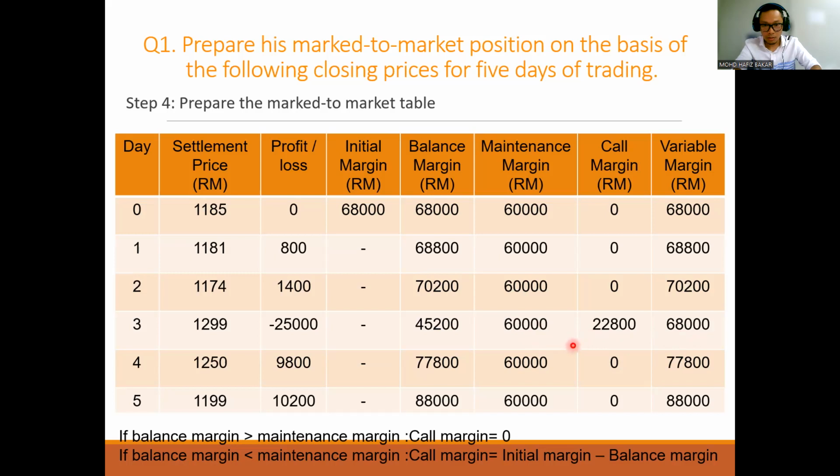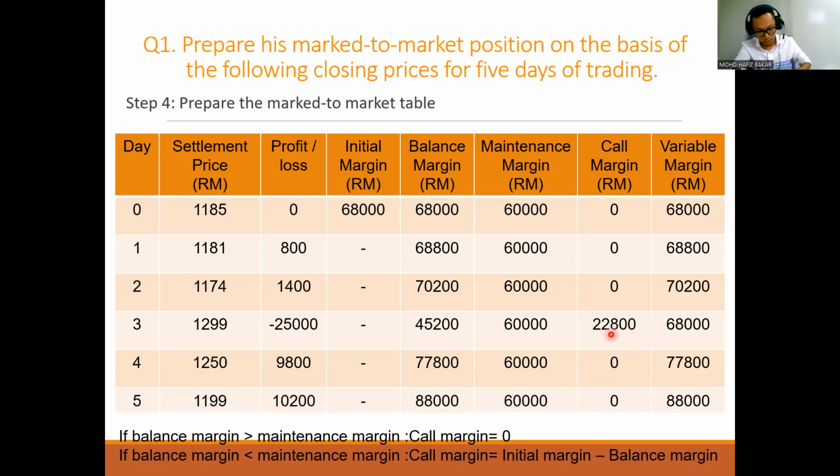60,000 minus 45,200, 14,800. Okay, so this one, the call margin amount, how to get 22,800? 68,000 initial margin must minus the balance margin, then you can get this one.